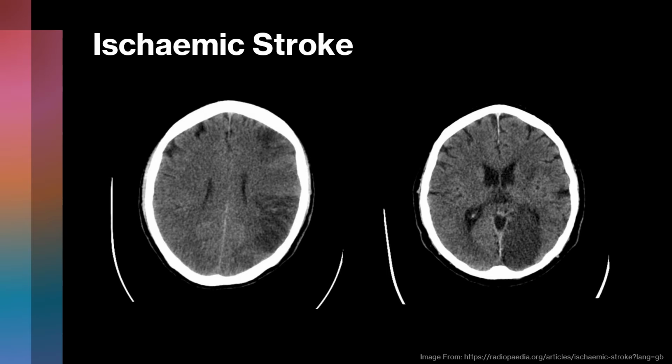So sometimes it can appear as just a normal CT scan. However, it can also be sorted into early hyperacute, which is within 0 to 6 hours, late hyperacute, which is 6 to 24, acute, which is 24 hours to 1 week, subacute, which is 1 week to 3 weeks, and chronic, which is more than 3 weeks.